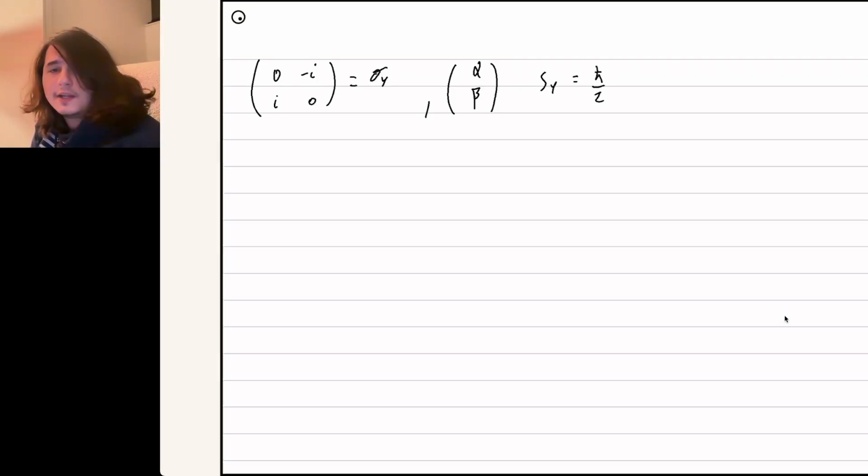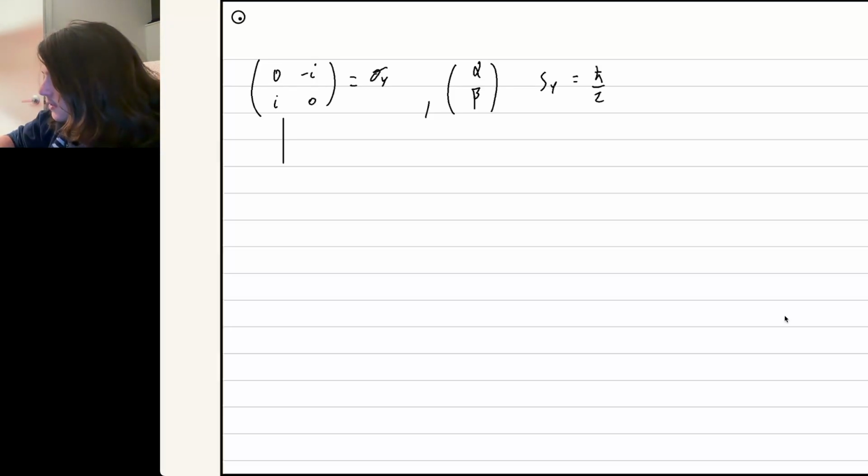The problem is stated in vector matrix notation, so I'm just going to do the whole problem in that notation. Starting with the eigenvalues, which will be given by this equation here.